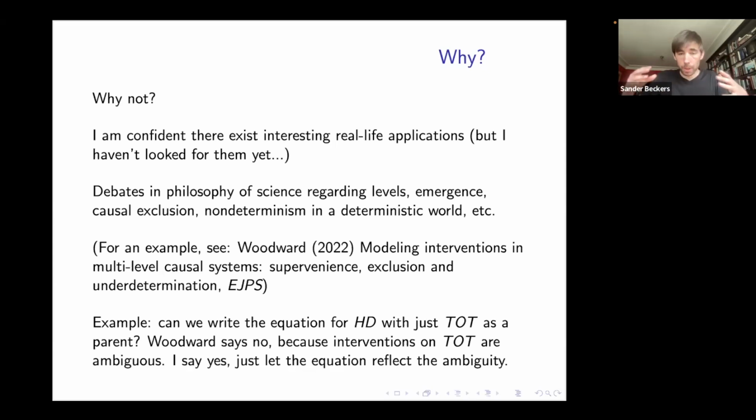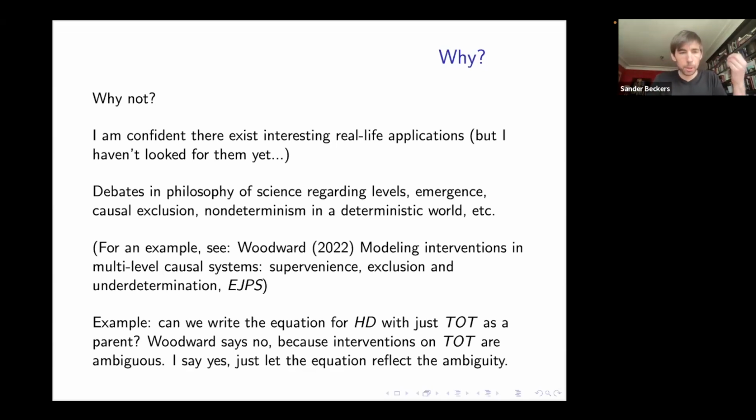For example, there's a case which many of you might be familiar with, this idea of cholesterol. So you have LDL and HDL, which are different forms of cholesterol, or at least things which are related to cholesterol. The one has a positive causal effect on your risk of heart disease, and the other one has a negative. Now, what if you can only measure the total cholesterol, which is a sum of these two types of cholesterol?